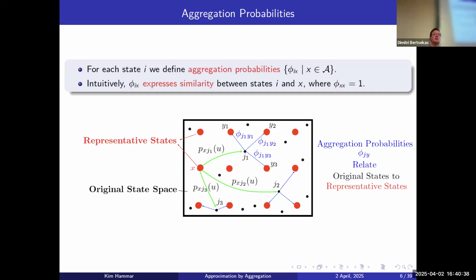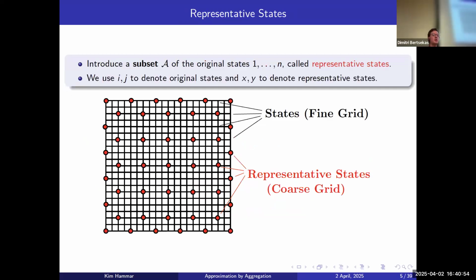Intuitively, this distribution expresses a form of similarity between different states. We will see a bunch of examples later on of how you can define this. In general, it is problem specific, but for example, in the grid here, you could imagine defining it based on the Euclidean distance.